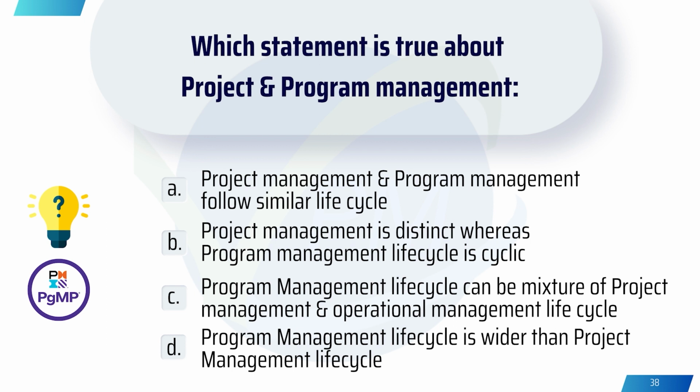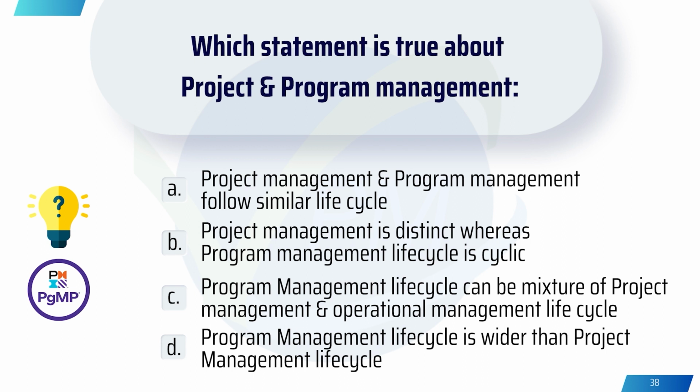So for this question, you have to be careful with the vague answer options, like this one saying project management and program management follow a similar life cycle. Now, similar, distinct, wider, not good enough.